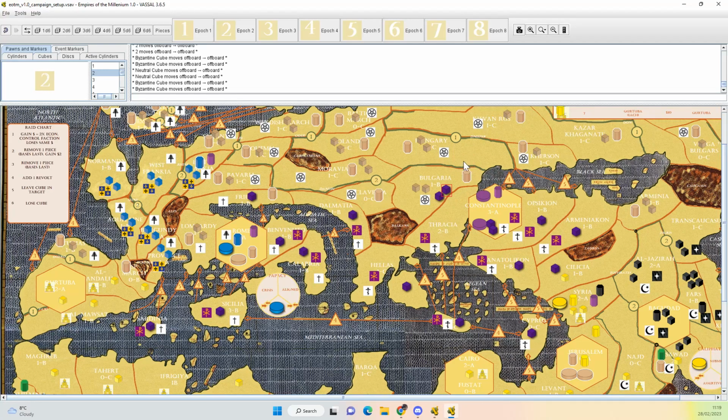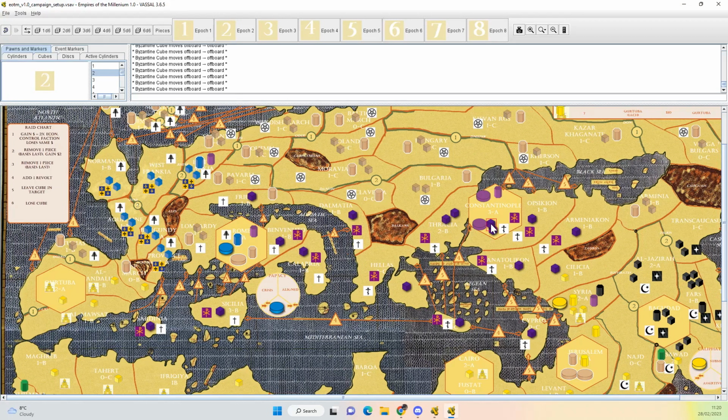If it's a C, like Hungary, they would need 1, 2, 3 cubes there to flip 1 cylinder. Because the C level means 3. It's more wild, it's more difficult to operate there. And A is 1-to-1. So revolts and cylinders are easiest to deal with when they're in the A developed locations.